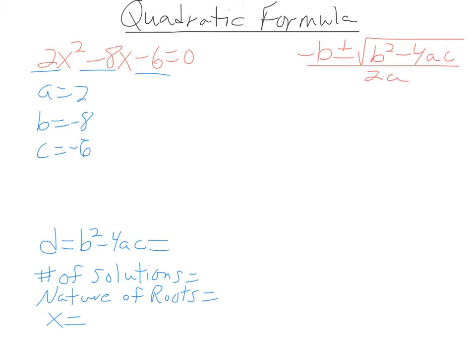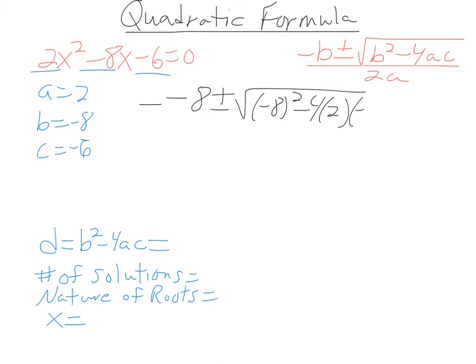So I'm going to put my A, B, and C into my equation. So it's negative b, my b is negative 8, so it's negative negative 8, because negative goes with the b, and the b is a negative 8, so that's why I have two negatives there. Plus or minus square root of negative 8 squared minus 4 times 2 times negative 6 all over 2 times 2.